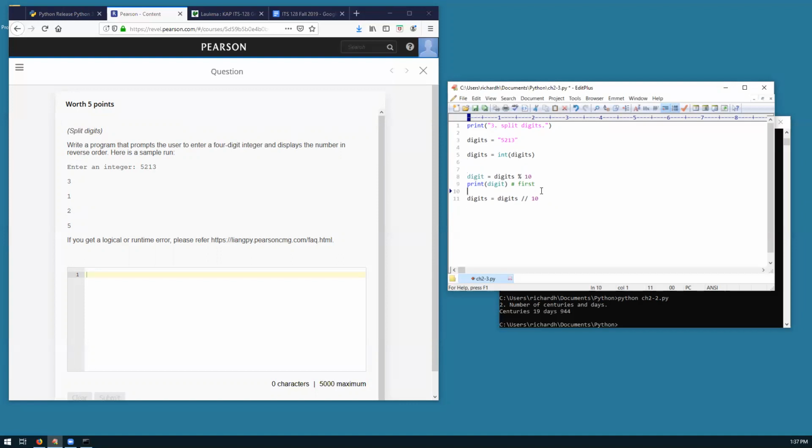I'll close this up a little bit, and I'm going to take this comment out. I'm not sure this is going to work. All right, so let me just copy this. First digit, second digit, third digit, fourth digit.